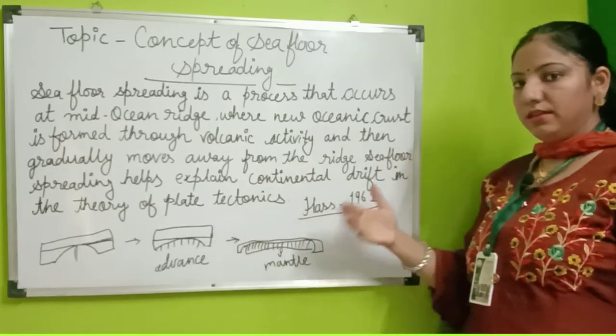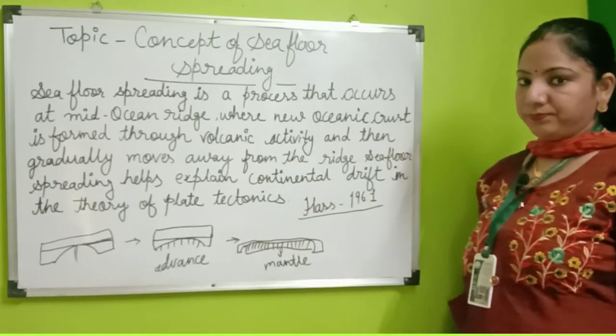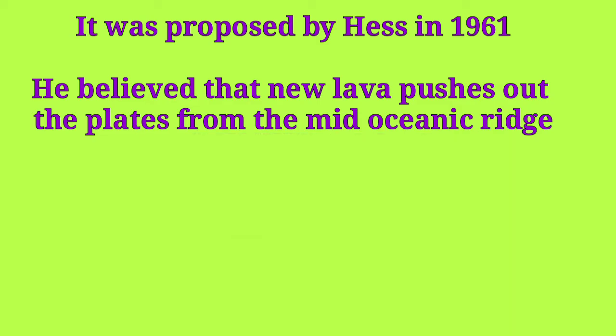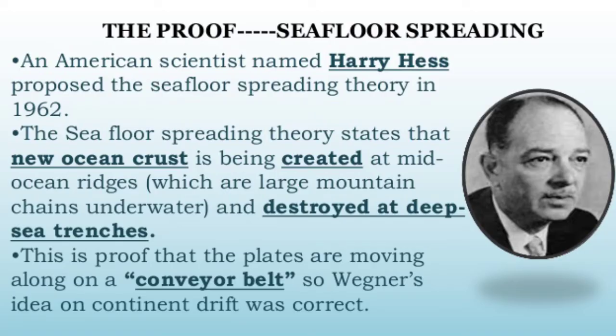How? Let's see now. As I already told you, the concept of seafloor spreading was proposed by Hess in 1961. He believed that new lava pushes out the plates from the mid-oceanic ridge.